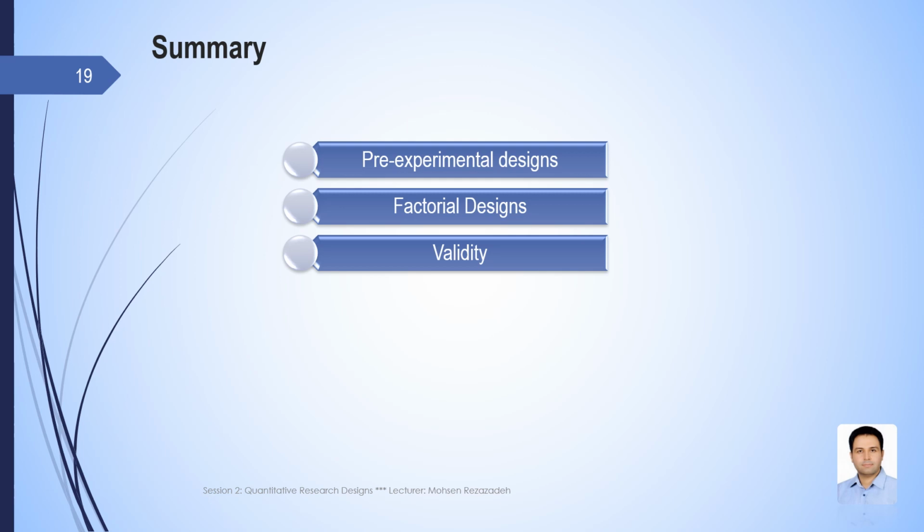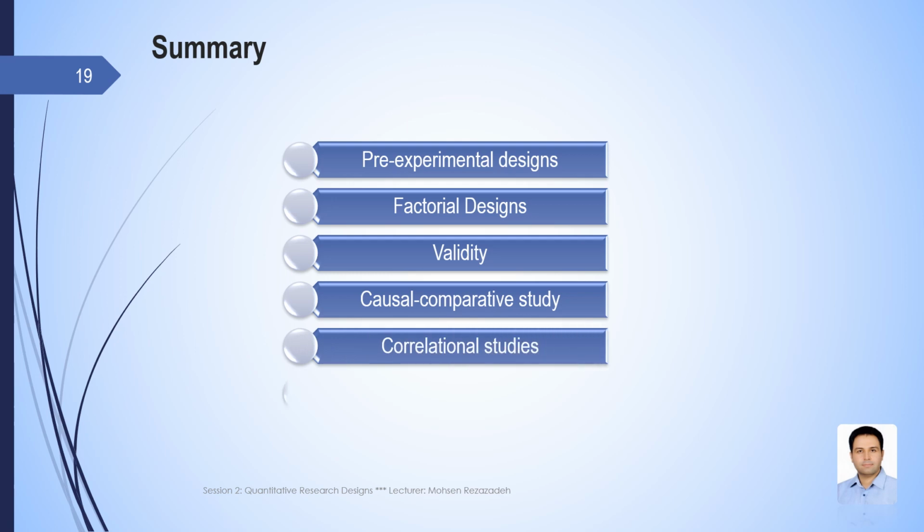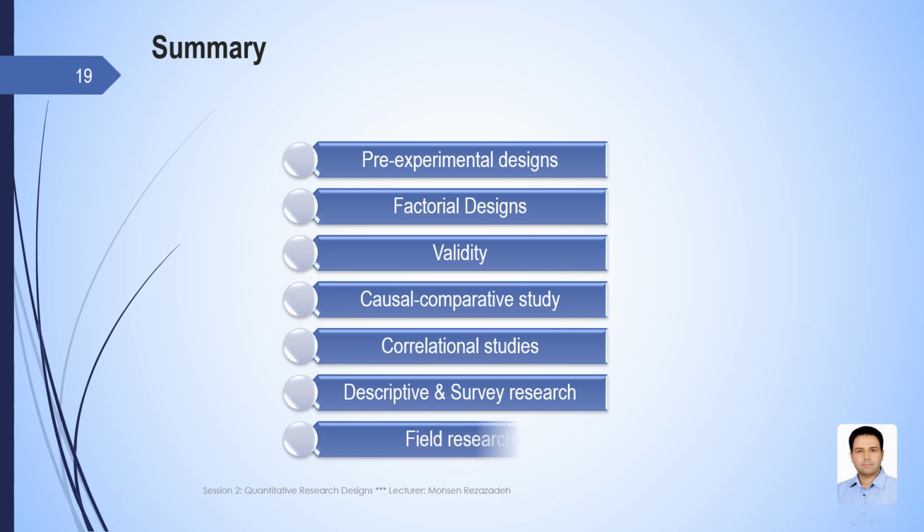Afterwards, we started the discussion on non-experimental designs, and we said that we have five different design types under non-experimental designs, namely causal-comparative, correlational, descriptive, survey, and finally field research.